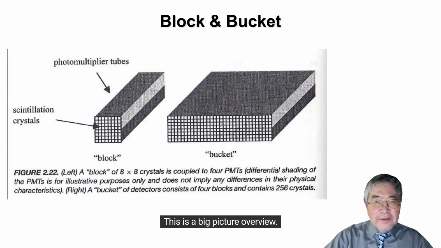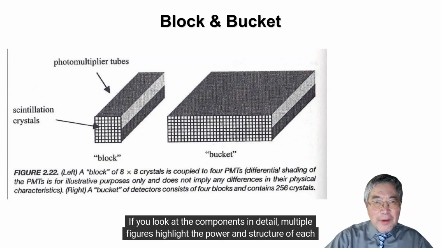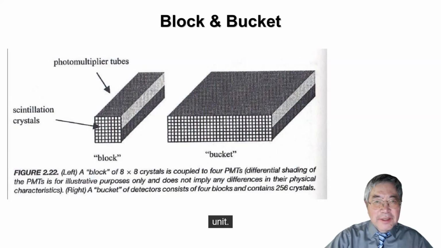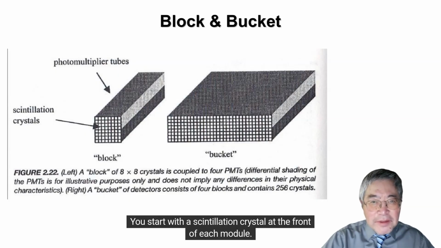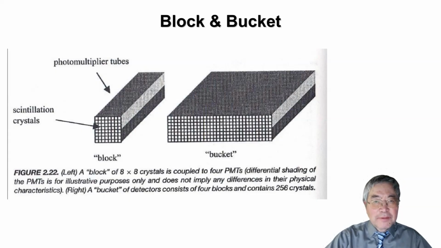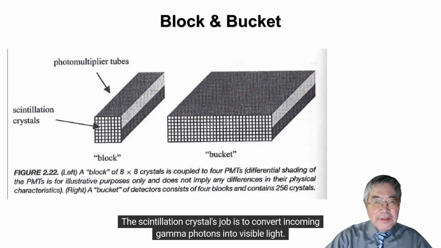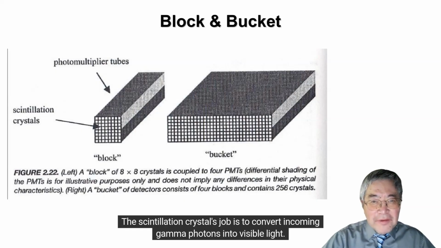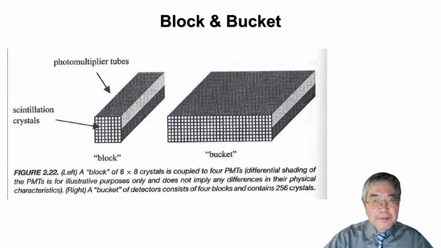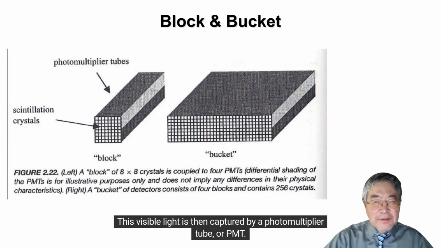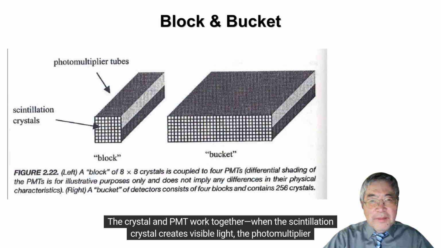This is a big picture overview. If you look at the components in detail, multiple figures highlight the power and structure of each unit. You start with a scintillation crystal at the front of each module. The scintillation crystal's job is to convert incoming gamma photons into visible light. This visible light is then captured by a photomultiplier tube, or PMT. The crystal and PMT work together.